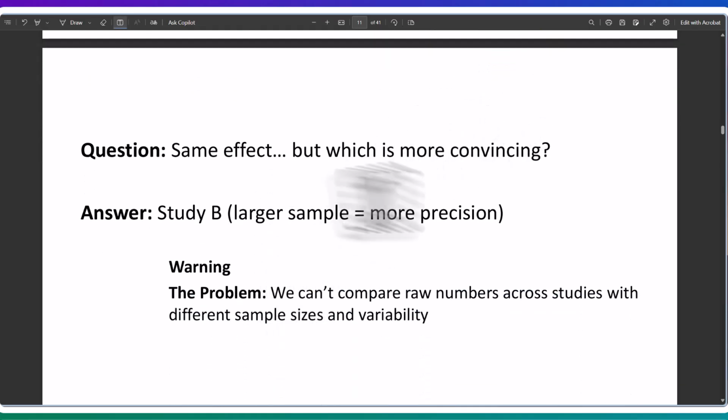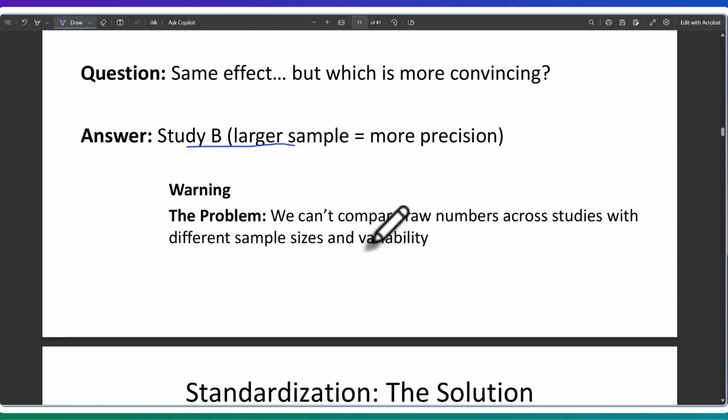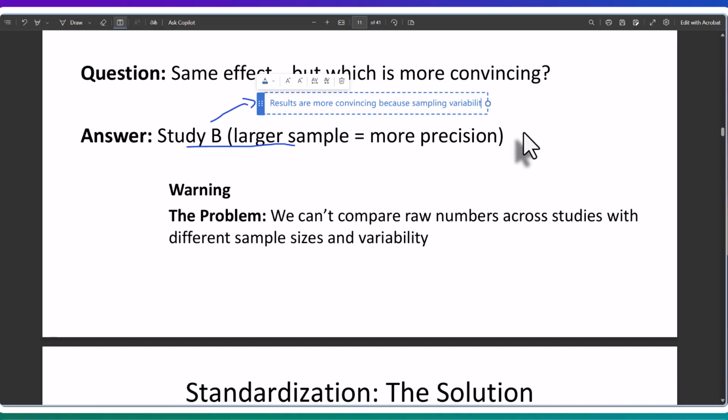So for the same effect, because our sample size is larger for study B, it is more unlikely that the results are due to sampling variability. So because of the larger sample size, we have results that are more convincing because sampling variability is less likely to play a role.